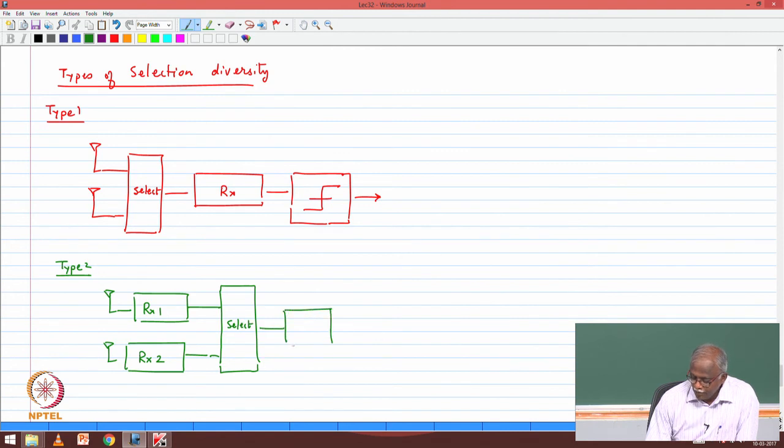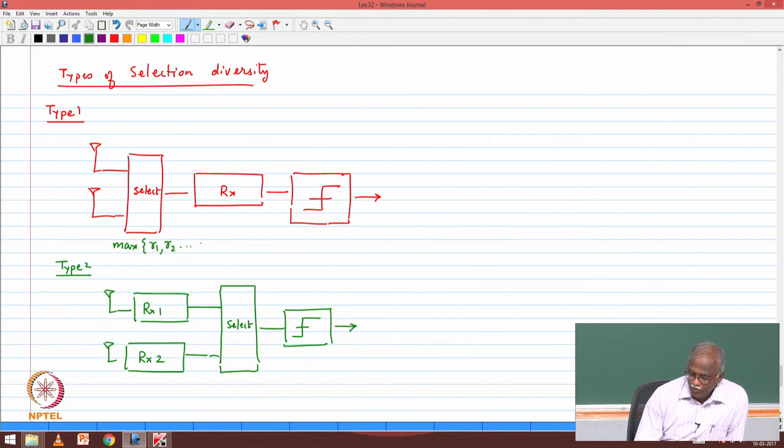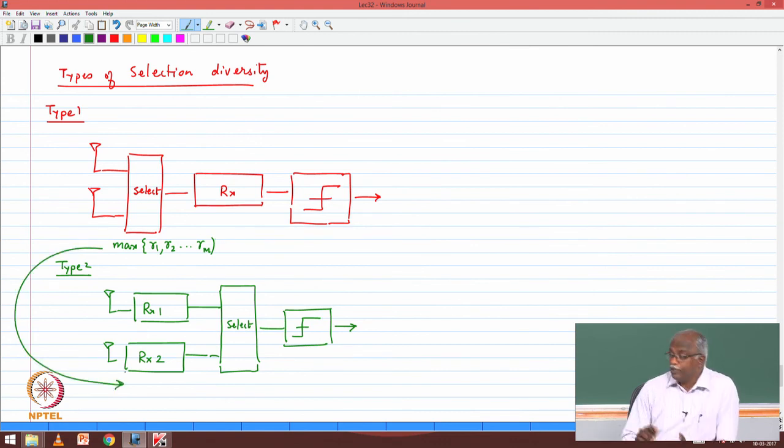And the decisions from that particular branch are then my final decisions. Okay. So basically, what is the selection happening? The selection will be maximum of gamma 1 comma gamma 2. If you had more than 2 antennas, basically it will be the same for this one as well. You're trying to find out which one is the best option for us.